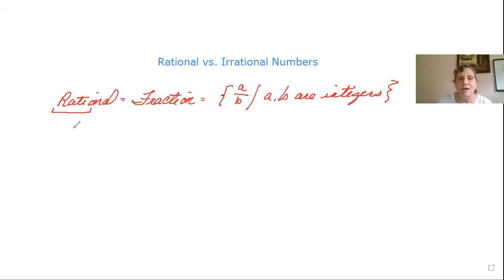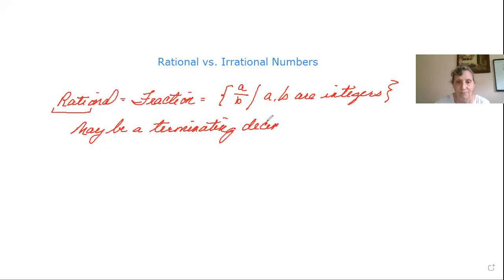Now, a rational number may appear as a fraction, but it also may be a terminating decimal, one that finishes up, it's done. It does not go on and on and on, and it has not been rounded off. Your calculator doesn't have a way to show that something goes on and on and on, and it doesn't indicate when it's rounded off because it got out to 8 or 9 digits, whatever your calculator shows.